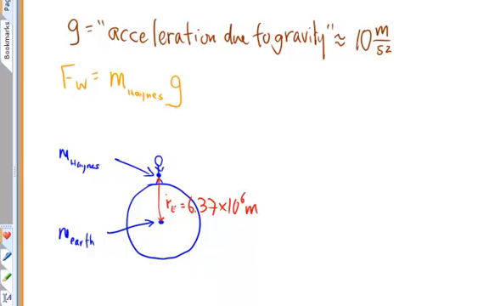My center of gravity is located about a meter off the ground, and what I claim is that that meter off the ground that separates my center of gravity from the ground is essentially negligible compared to this 6 million meters between the center of the Earth and the surface of the ground. So I'm going to say that the distance between my center of gravity and the Earth's center of gravity is essentially equal to the radius of the Earth.